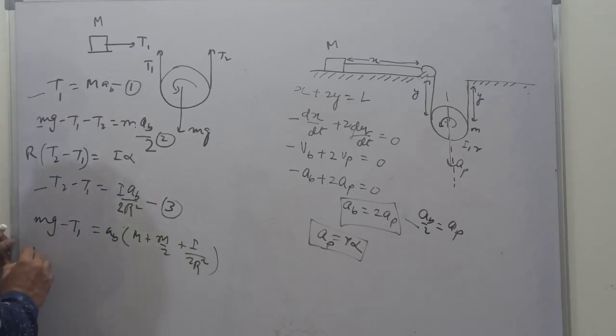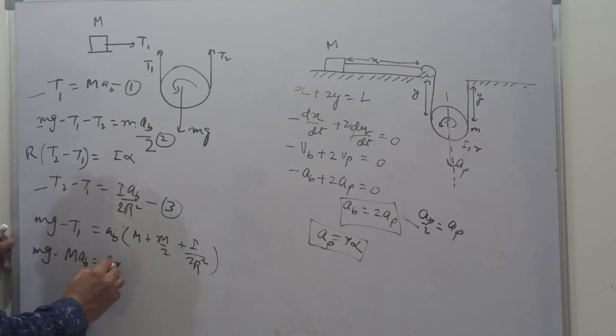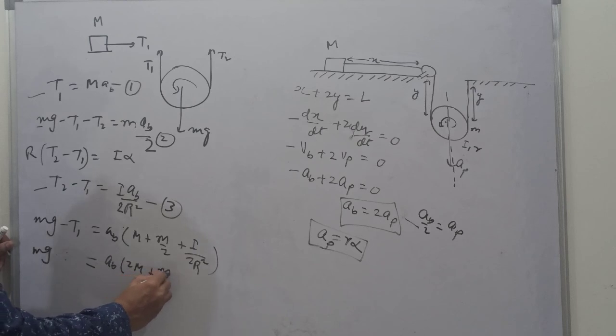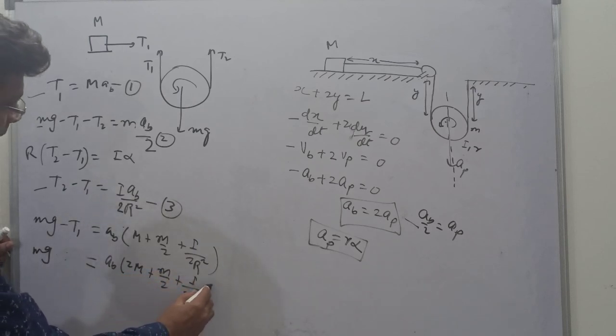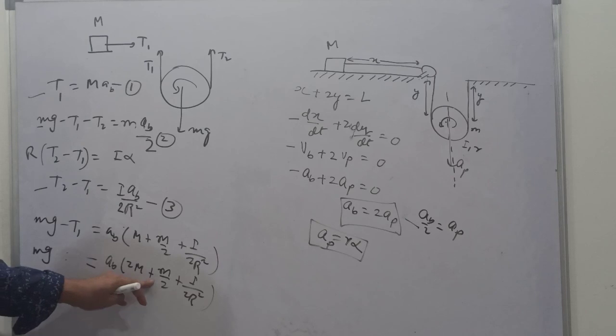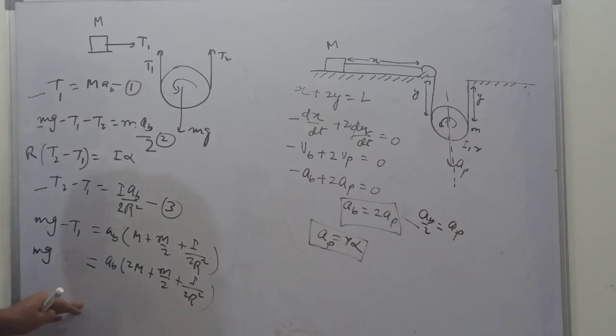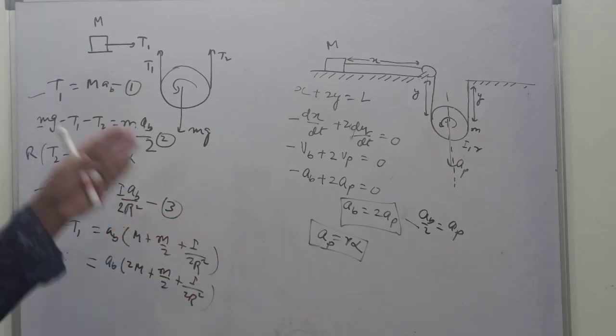So I am getting mg minus capital M AB is equal to AB times m by 2 plus I by 2r square. After solving, I am getting AB is equal to mg upon M plus m by 2 plus I by 2r square. So this entire thing can come down and you can put the values if you have, otherwise this is the answer. Just note it down, it's a very important thing.